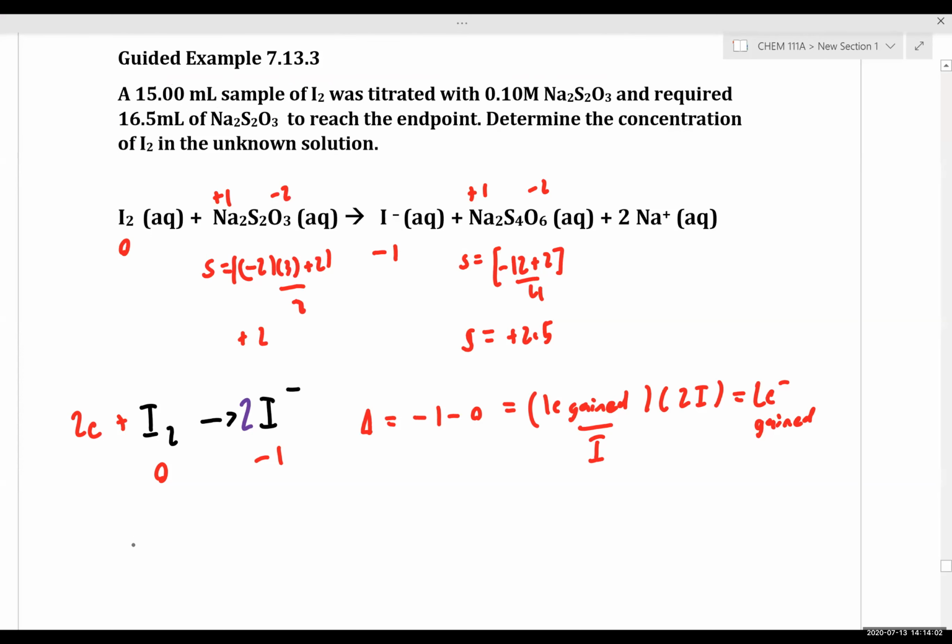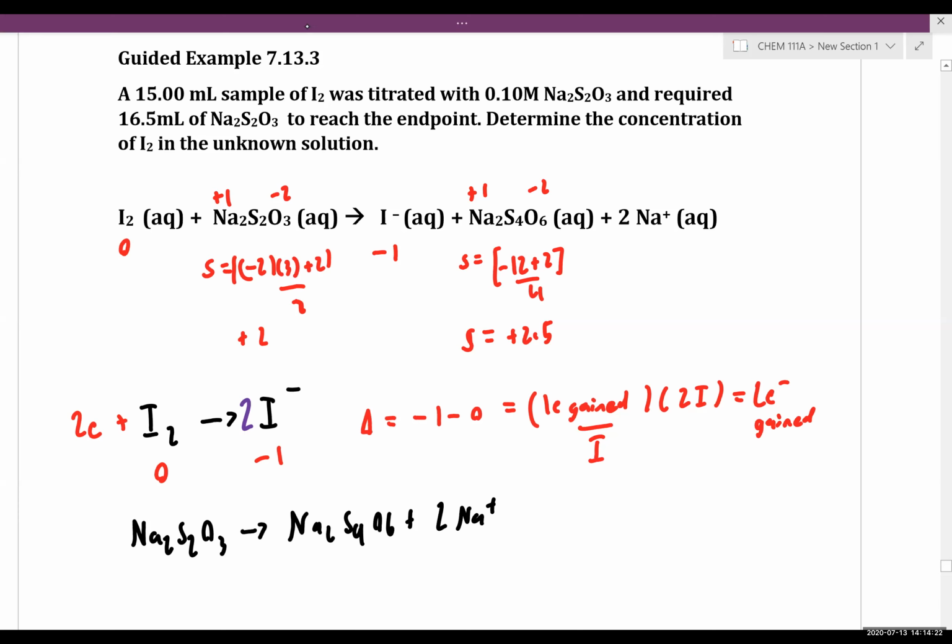Let's look at our second redox reaction. So we have NaS2O3 leading to Na2S4O6 plus 2 sodium plus.